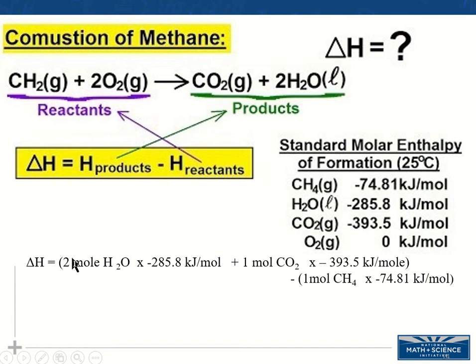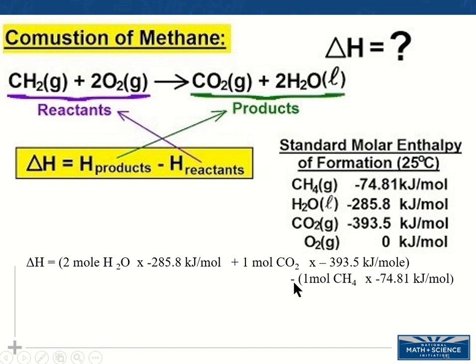I put parentheses here because we need to do these additions first before we do the subtraction. Next, we need to figure out the sum of all the reactants. Because these are just 1 mole, and because oxygen gas has 0, we don't need to consider it in the reactants.